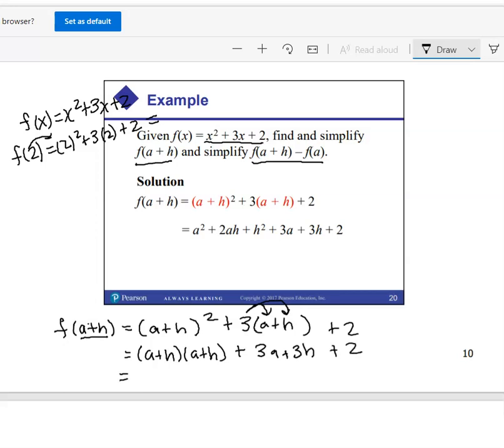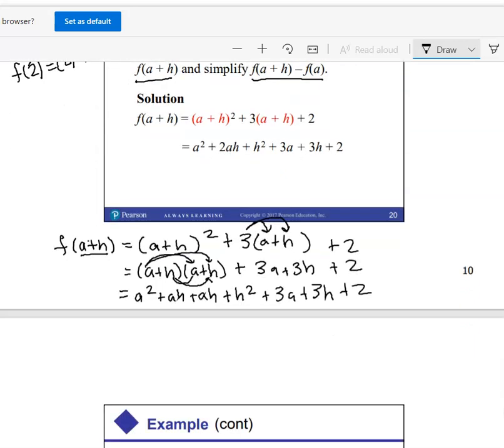Now if we take care of the square, a squared is first, outer would be a times h, inner would also be a times h. Most of the time you write them in alphabetical order. If I did HA it would be fine, but it's not what we're normally looking at. H times h would be h squared. So then we've got plus our 3a plus 3h plus 2.